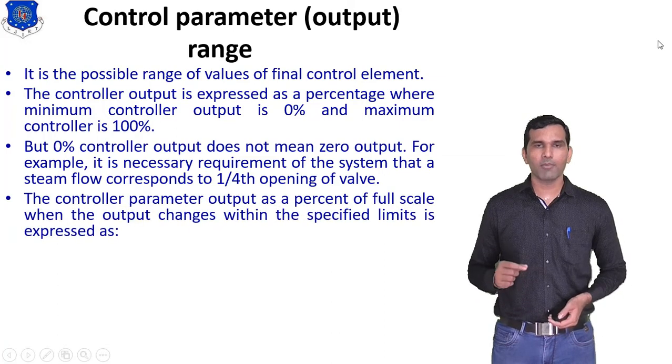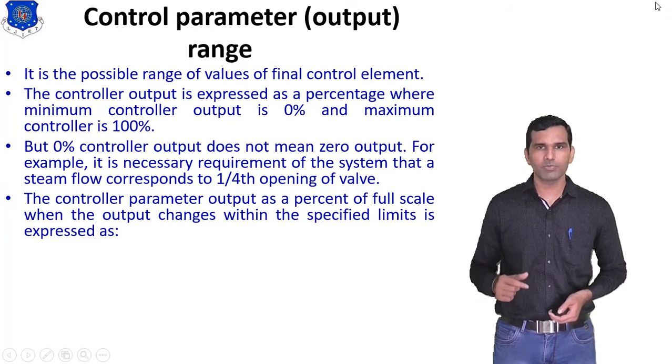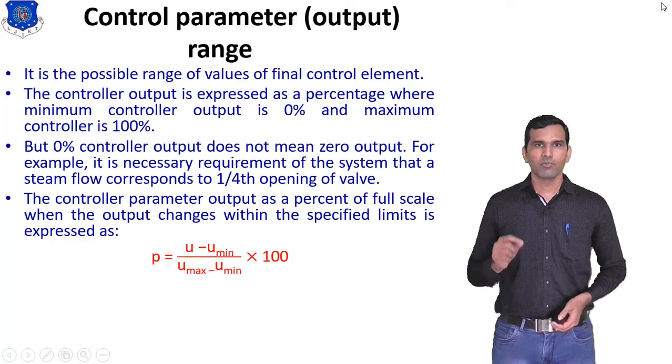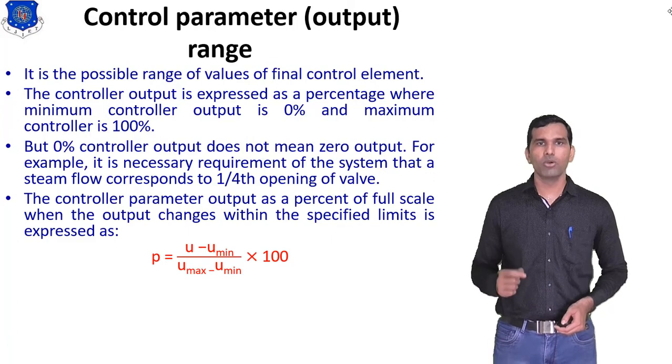The controller parameter output as a percent of the full scale, when the output changes within the specified limit, is expressed as P = (U - U min) / (U max - U min) × 100.